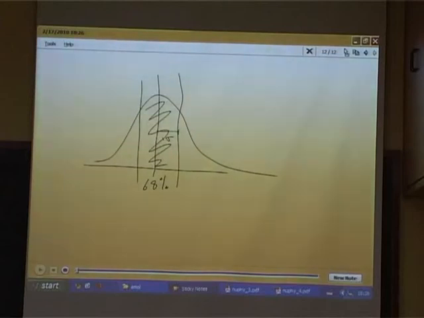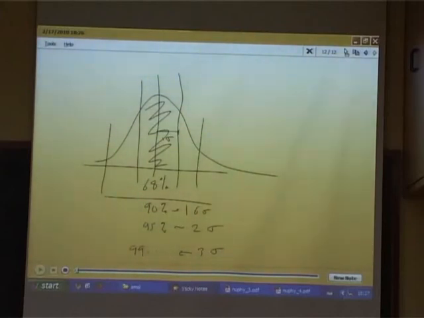If you want the area to be 90%, this usually corresponds to 1.6 sigma. Good numbers to know. If you have 95%, that's nearly 2 sigma. And 3 sigma is 99 point something percent. I forget what it is.